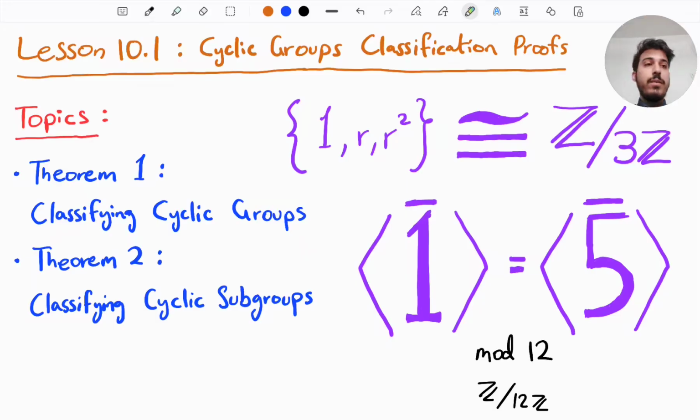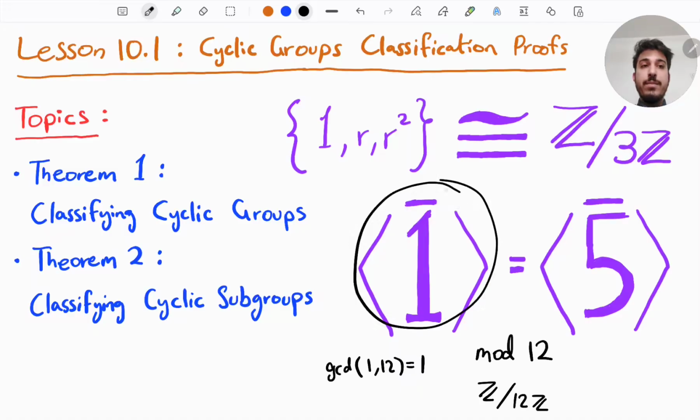And this is equal to, in fact, the cyclic group generated by 5, because one of the results of the theorem says that if the GCD of 1 and 12 is equal to 1, then we can say this generates the entire Z/12Z.